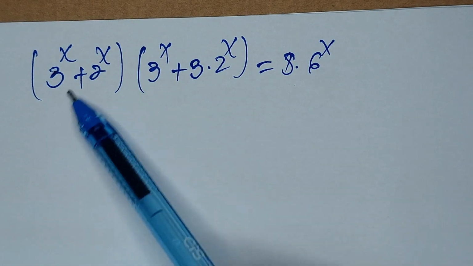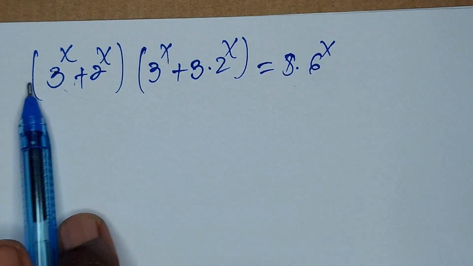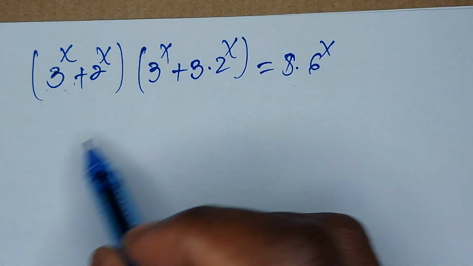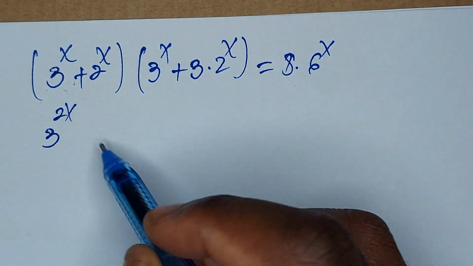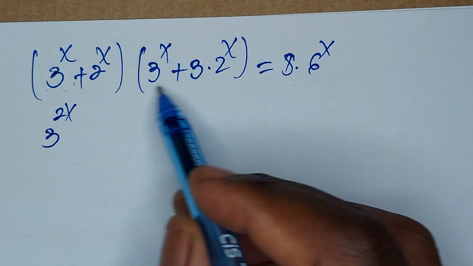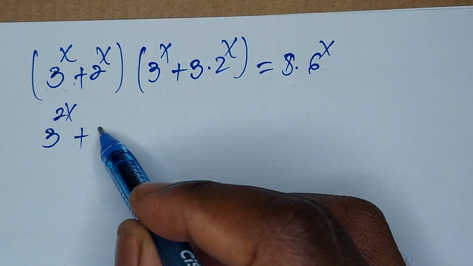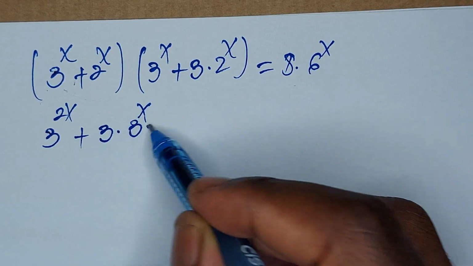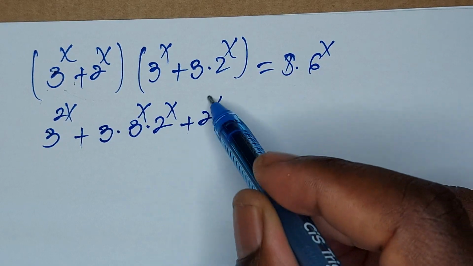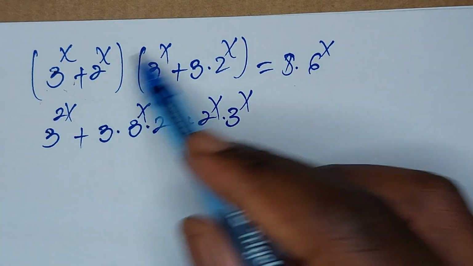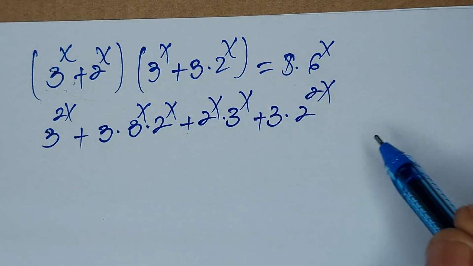So let's distribute this multiplication. We're going to have 3 to the power 2x, and this times this will be plus 3 times 3 to the x times 2 to the x, and this plus this will be plus 2 to the x times 3 to the x, and then plus 3 times 2 to the power 2x.